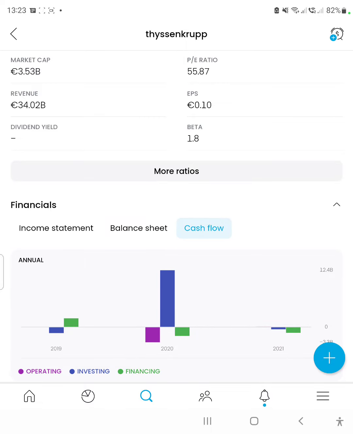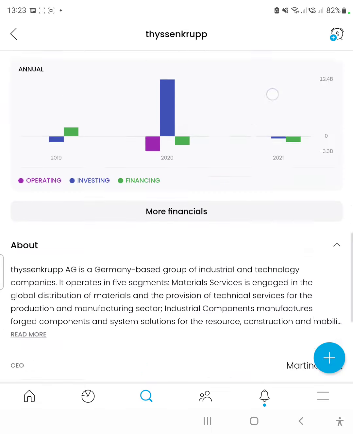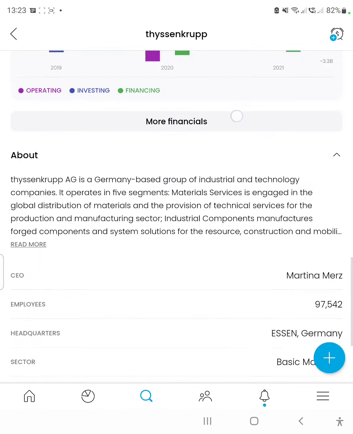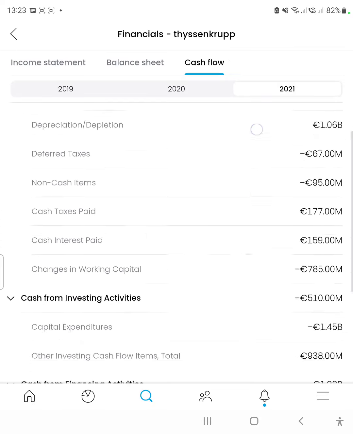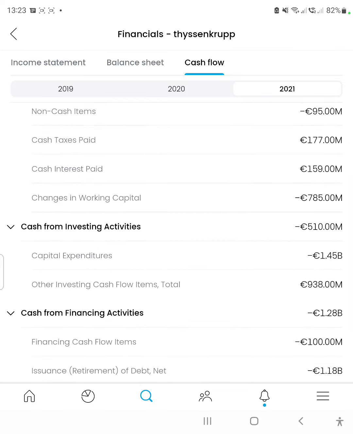Let's check the cash flow statement to see how the company is doing with regards to managing its cash and its debt. The company started off with negative 25 million euros. The cash flow from operating activities was 92 million euros. In investing activities, the company lost 510 million euros, but it didn't lose the cash. It spent 1.45 billion euros on capital expenditures, increasing its assets, and the other 938 million was spent on other investing cash flows.